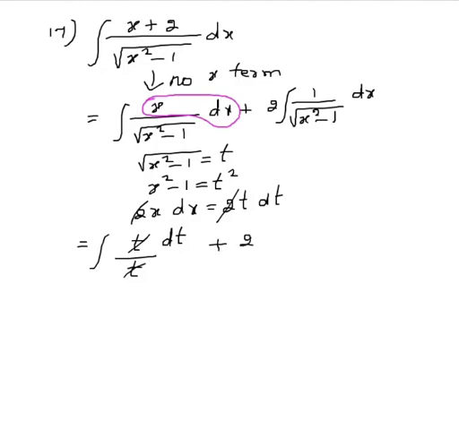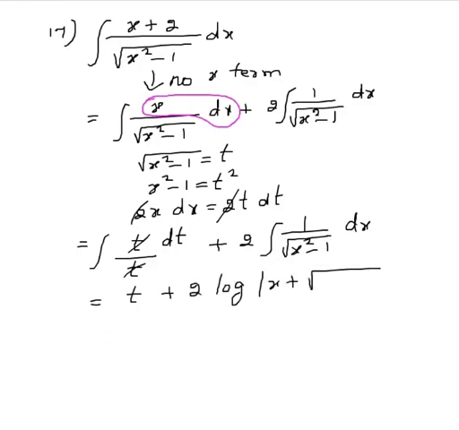Now the second integral. We are not using substitution for the second integral. The substitution is only for the first term. Here directly we can use the formula. Integral of 1 with respect to t becomes t, plus, this formula is log of x plus root of x square minus 1, plus c.